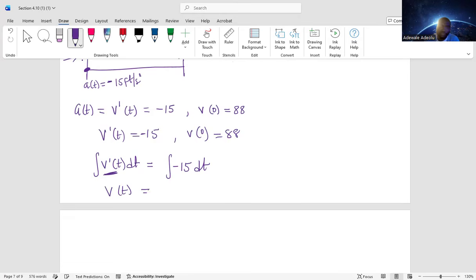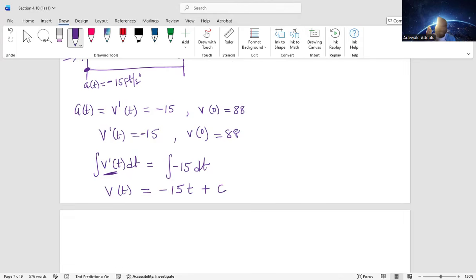So v of t equals, if I integrate negative 15, I will have negative 15t, right? If you are still not sure at this point, if you take the derivative of negative 15t, what will you get? Negative 15. So try to move back and forth in that sense. But I must add c. So that is a general function for velocity.